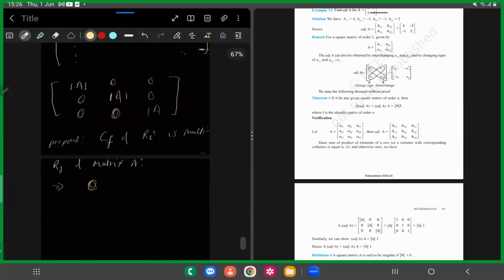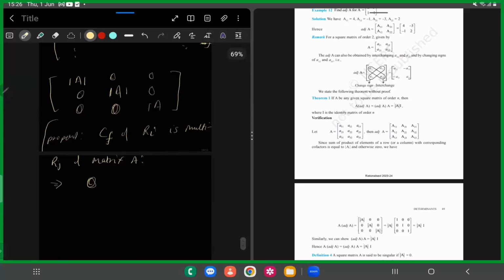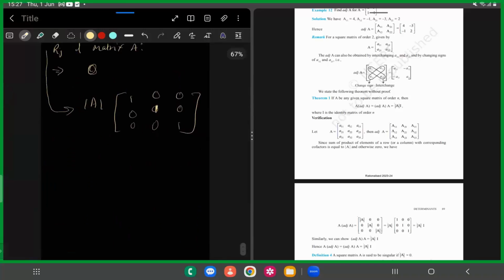If we expand this value again, and take delta common from the complete matrix, this is delta times the matrix 1 0 0, 0 1 0, 0 0 1. So we reach here, and this is simply the whole property.